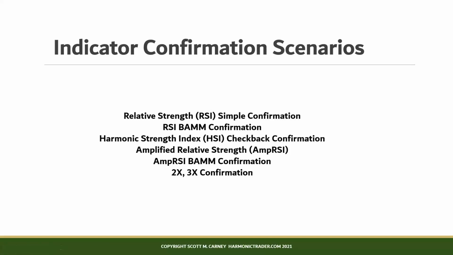Is there simple confirmation? Do we have RSI BAM confirmation? Do we have HSI, harmonic strength index check back confirmation? Amplified RSI BAM, or do we have double or triple confirmation? Essentially, what we're looking for is 1, 2, or 3 of these formations to give us an enhanced value to support the pattern.